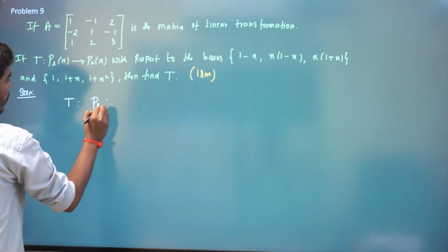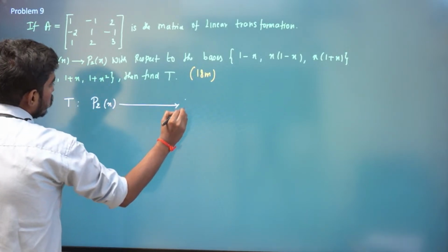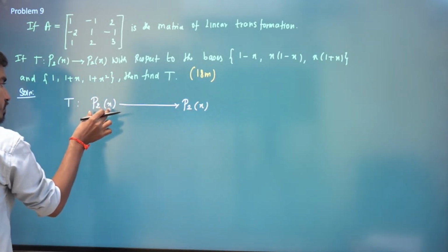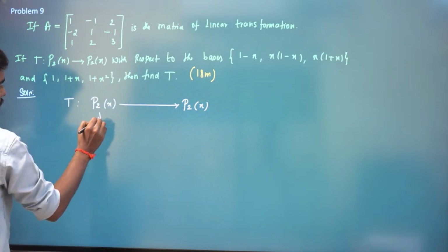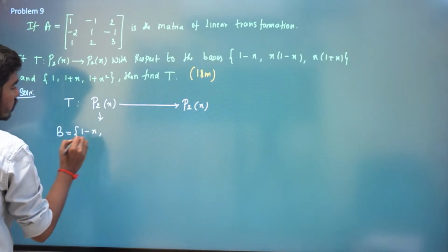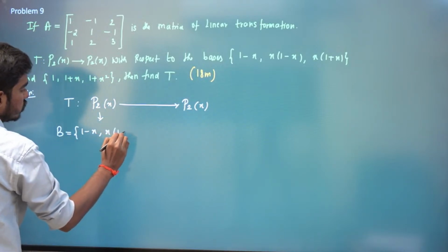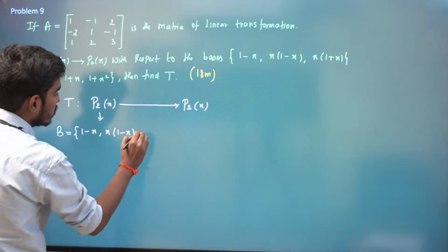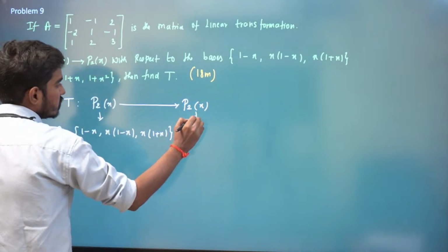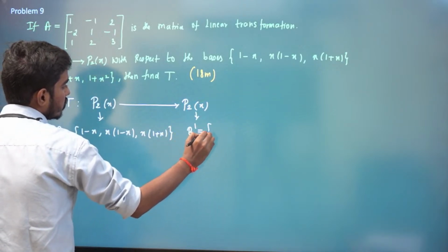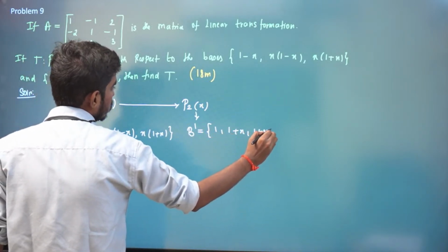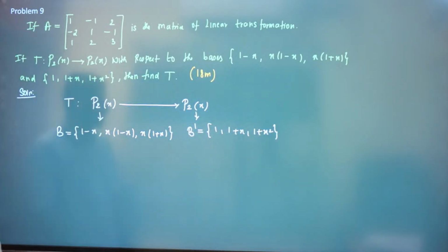See, here T is a map from P2 of x to P2 of x, right? For the domain space, the basis is given by 1 minus x, x into 1 minus x, x into 1 plus x, right? And for the codomain space, the basis is given by 1, 1 plus x, 1 plus x square, right?